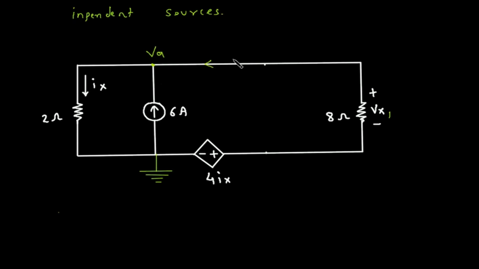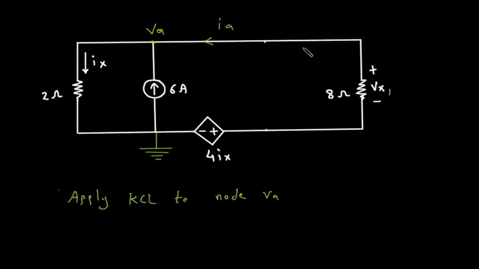Let's say this is current IA. Apply KCL to node VA. Summation of all the entering current at this node is IA plus 6, which is equal to the leaving current, Ix.